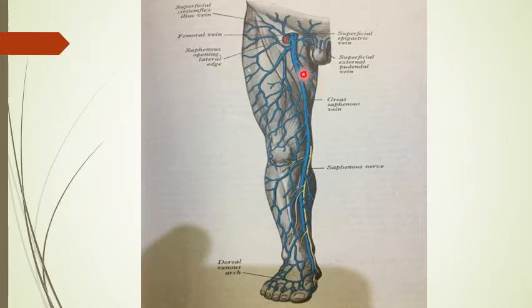Other superficial veins from the thigh, the knee joint, the leg and the foot all drain, forming the medial marginal vein, which continues as the great saphenous.